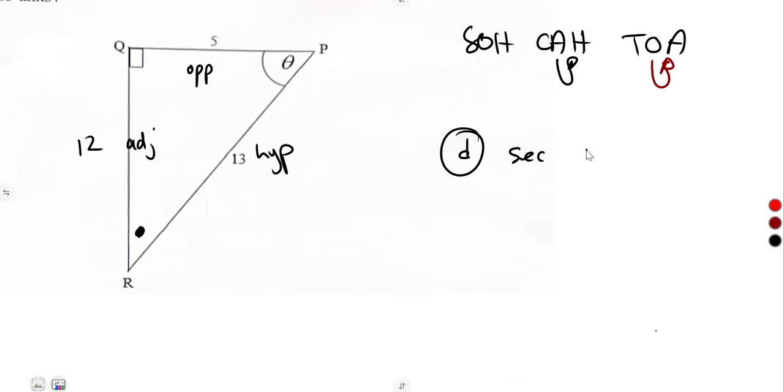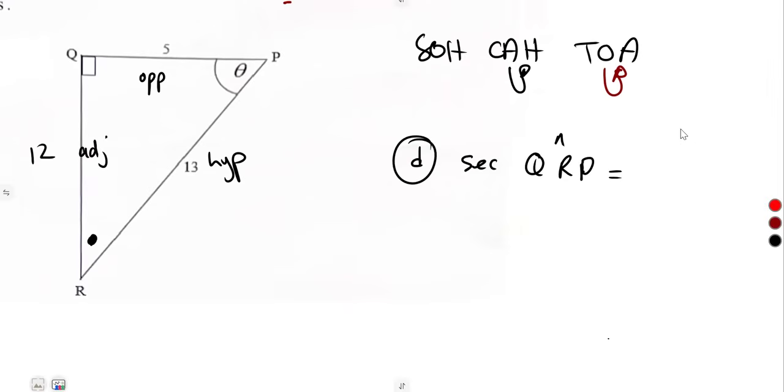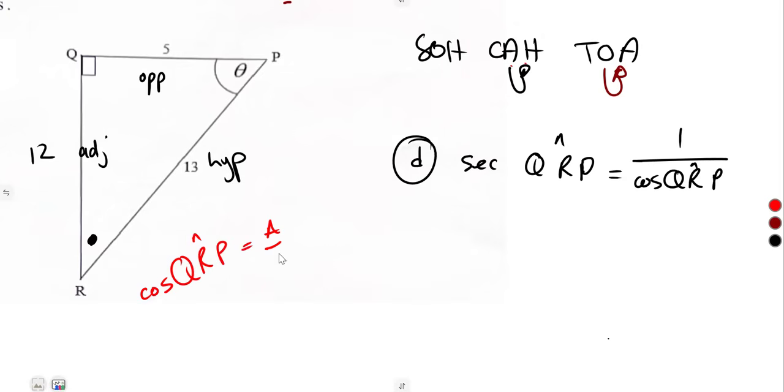So the sec of angle QRP, remember sec is 1 over cos. So it simply means 1 over cos QRP. All right, where we can determine that cos QRP, according to our ratio, cos is adjacent over what? Hypotenuse.